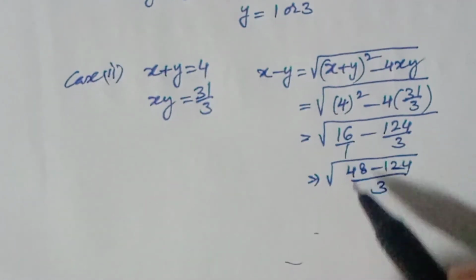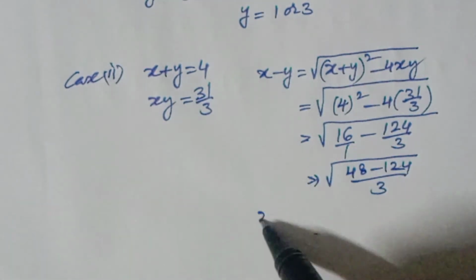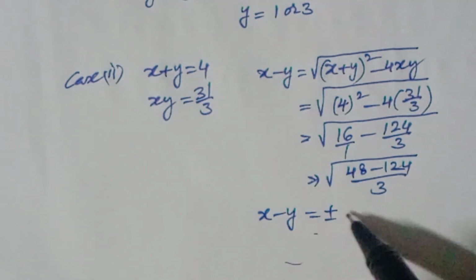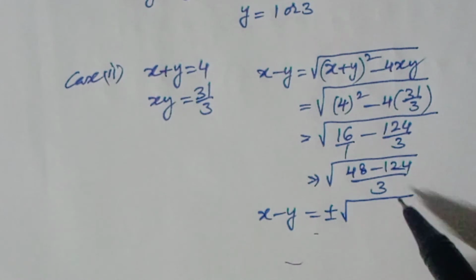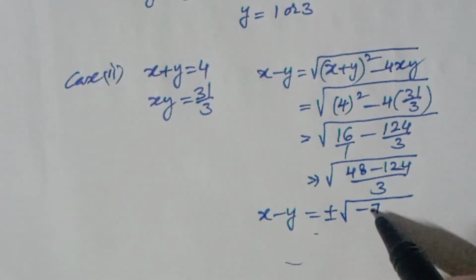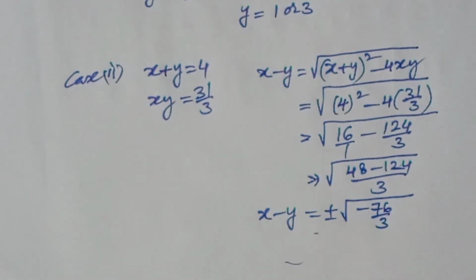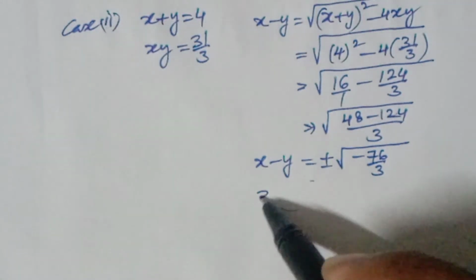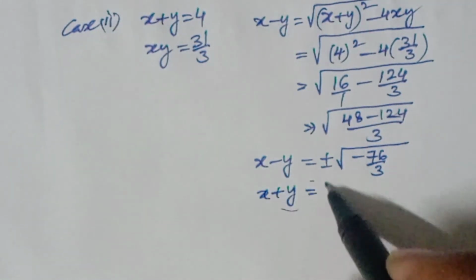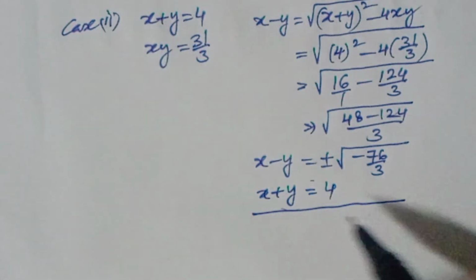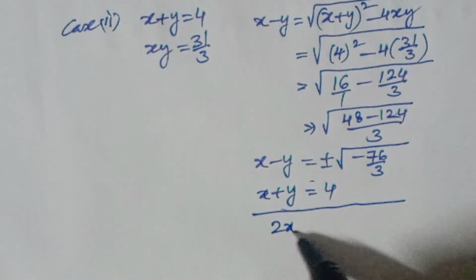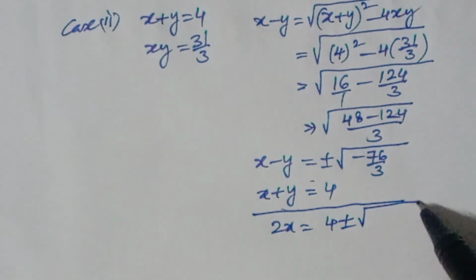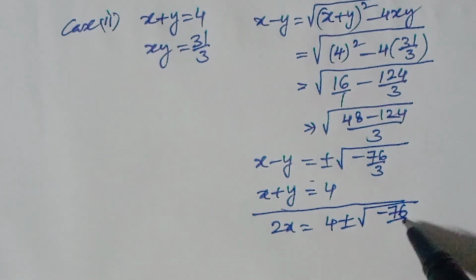So x minus y value is plus or minus square root of minus 76 by 3. So here x plus y value is 4. So if you solve this, 2x equal to 4 plus or minus root of minus 76 by 3.